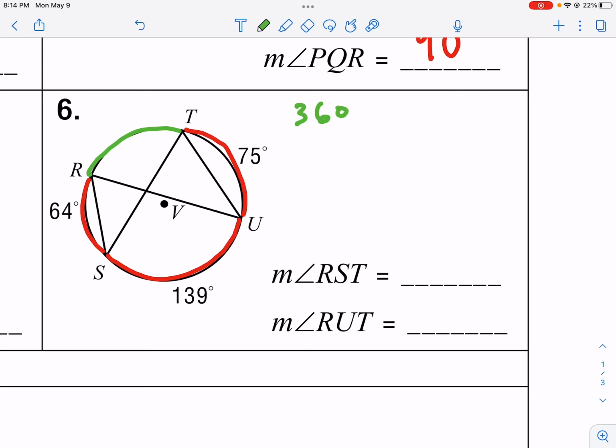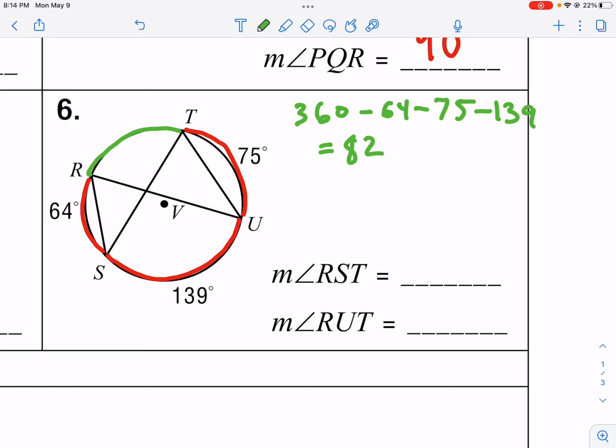So 360 minus 64 minus 75 minus 139 is equal to, I'm going to use the calculator, 82.